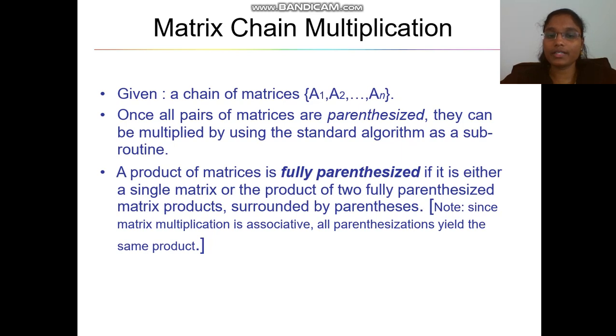So if it is a single matrix, then that is fully parenthesized, or it is the product of 2 fully parenthesized matrix products.